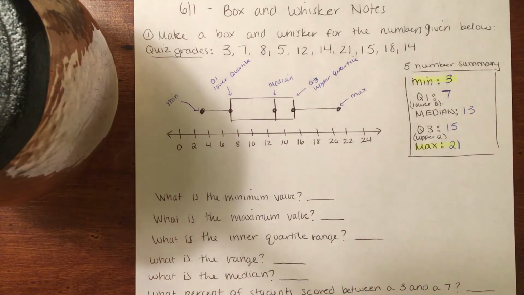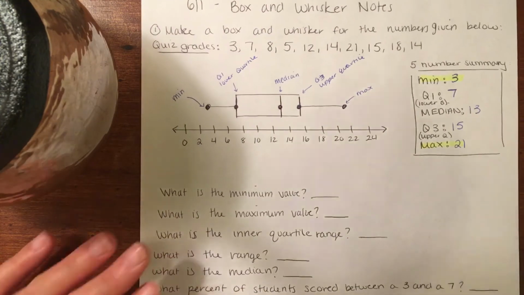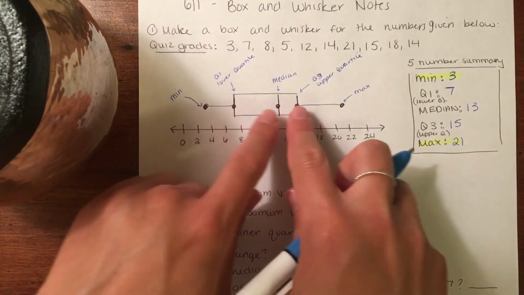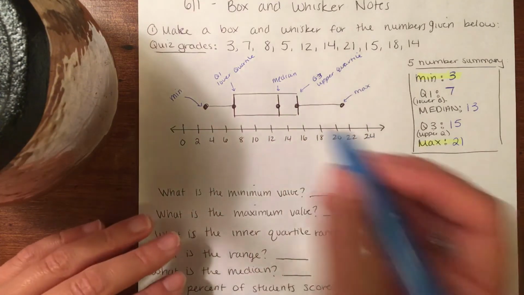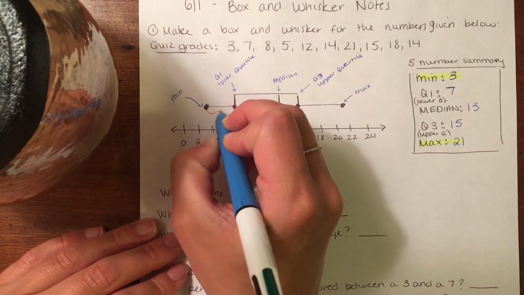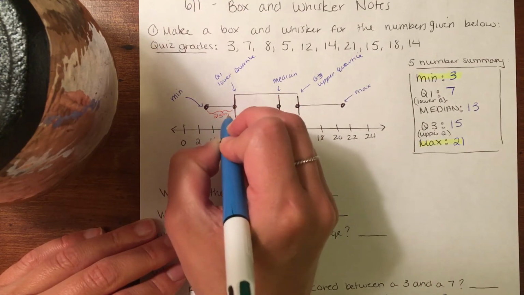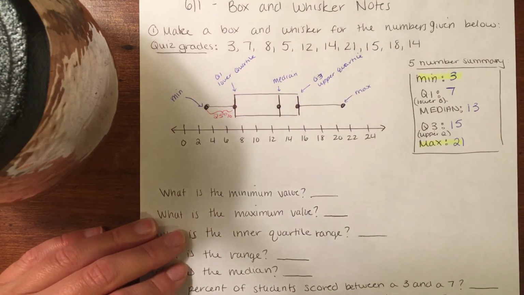So what that means, and this is super important for you to realize, is that 25% of the data, or 1/4 of it, since I said there are 4 equal sections, lies between the minimum and your Q1. So this is where 25% of your data lies.